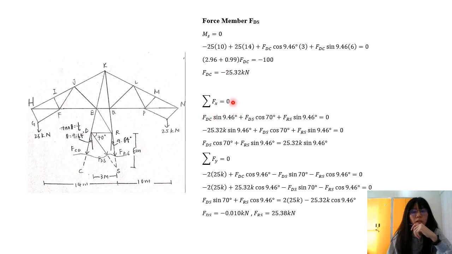Then by using summation Fx equals 0 and summation Fy equals 0, we create two equations. We substitute the value of FDC into them. Then by using a calculator, we can find FDS equals negative 0.01 kN. And this is the end of question 1.